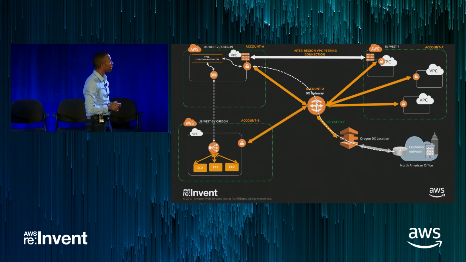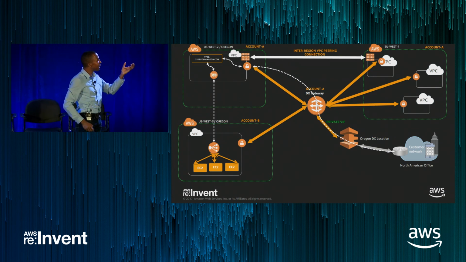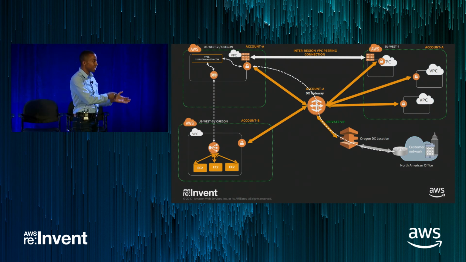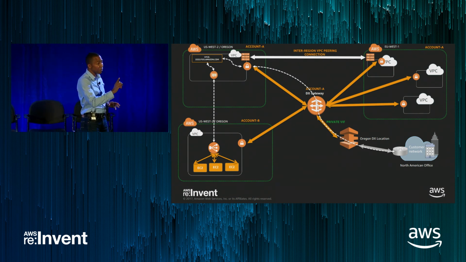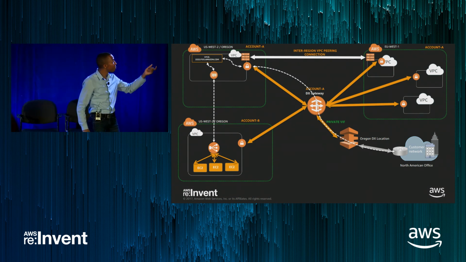The thing is, a Direct Connect gateway only allows access to resources in the account in which it was created. So if you have VPCs that are not in that account, then you have to go the traditional way of creating a private virtual interface to that VPC in another account. You can overcome this limitation by leveraging PrivateLink.